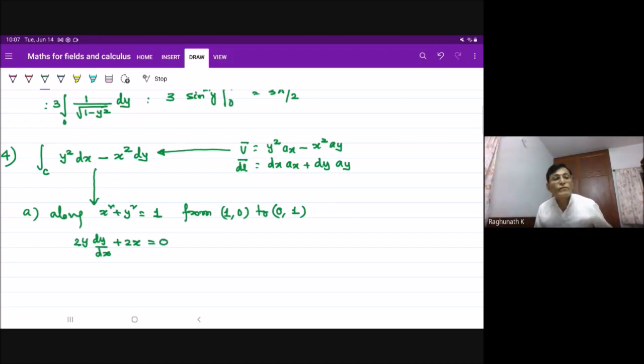Correct? Now I want to evaluate it as a function of x.